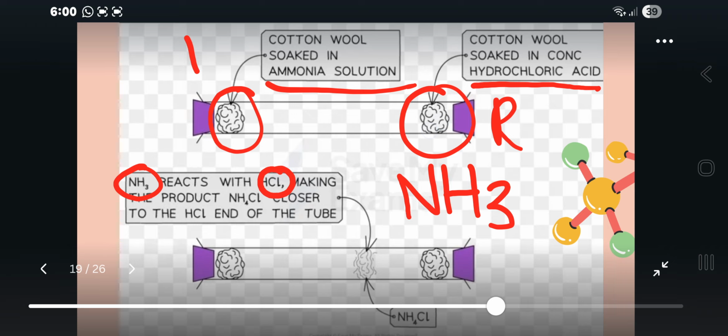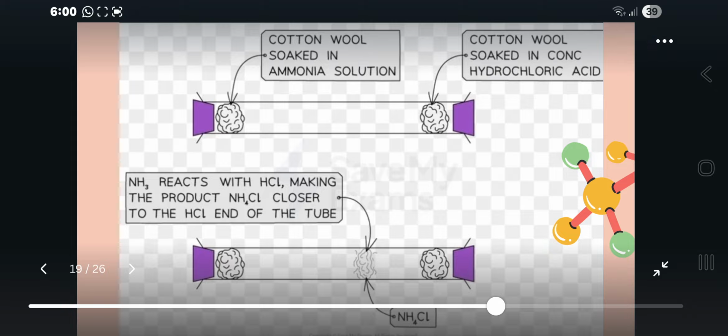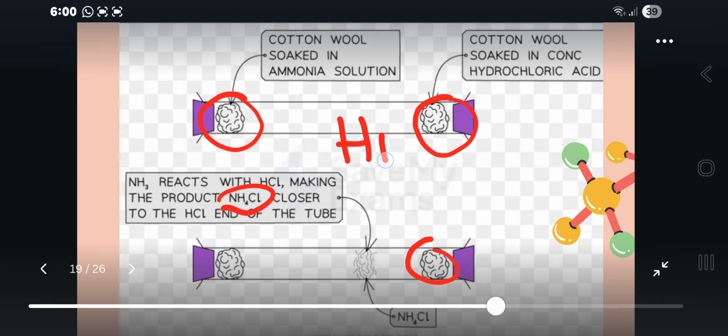Now what are they trying to say? When both soaked cottons are together, there is a lid. When you remove the lid, the gases from both soaked cottons mix together, and what they finally form I'm writing over here: NH4Cl.